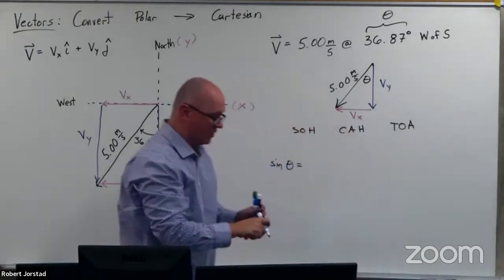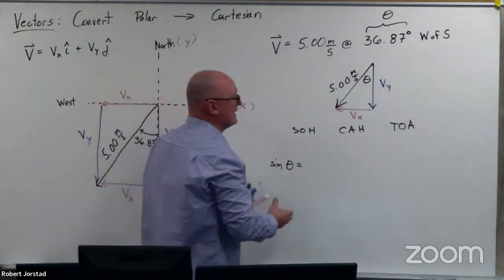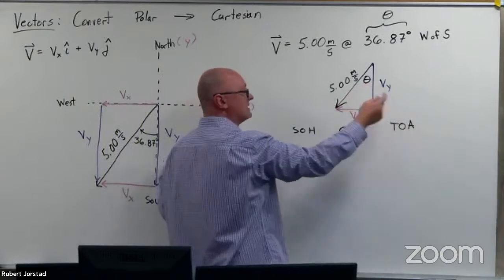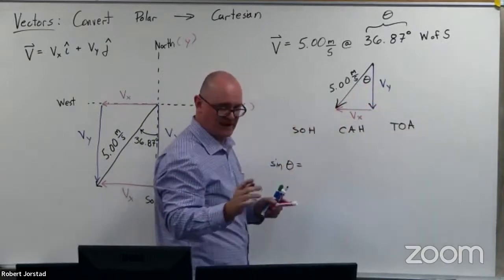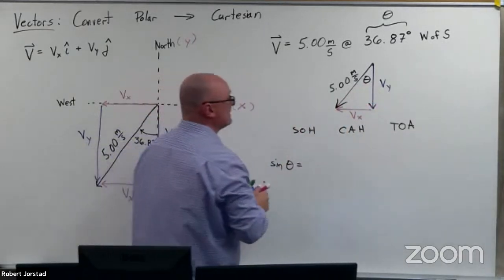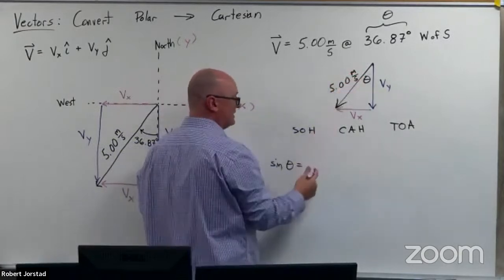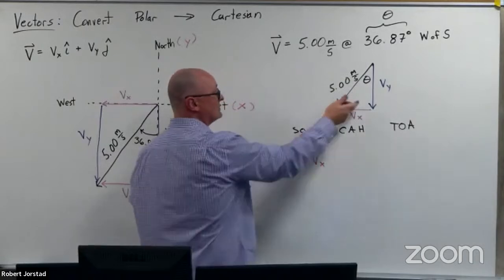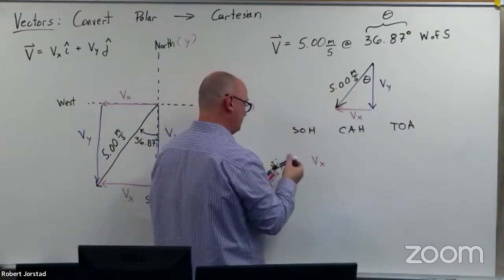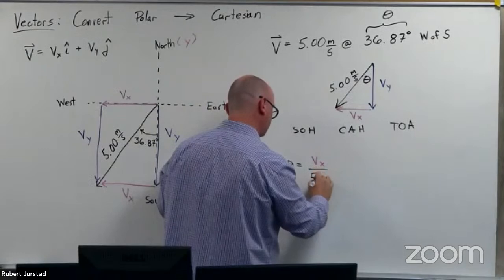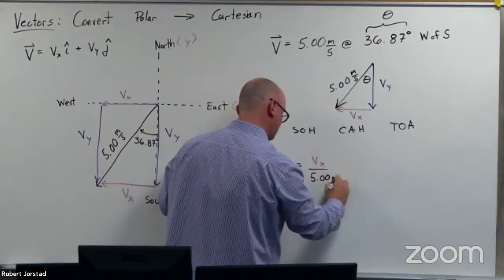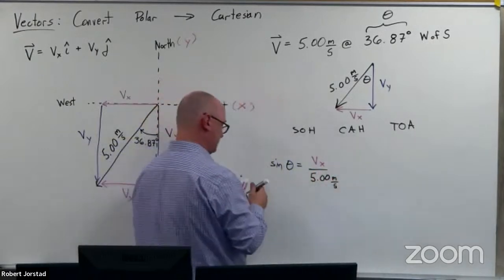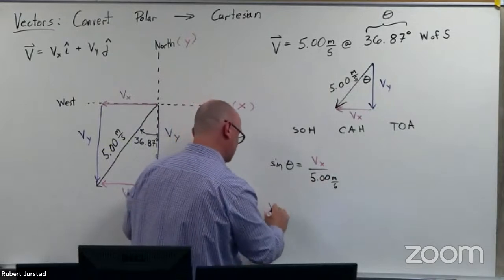You can do whatever you want. This works for me. I just forget the minus signs, but then remember to check the arrowheads at the final answer. So in this case, it's a triangle. Opposite of this angle is Vx. Hypotenuse is the 5.00. I'm just going to write it like this.